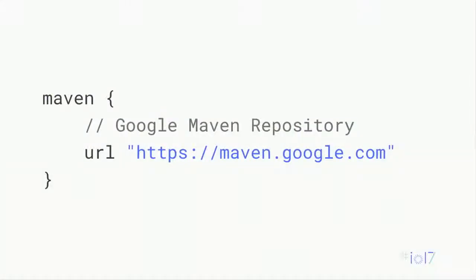We're including support library as well as constraint layout, the application architecture components that you may have heard about yesterday. Through this Maven repository, we're including every historical version of support library, including 26 Beta 1, which is only available through the Google Maven repo.